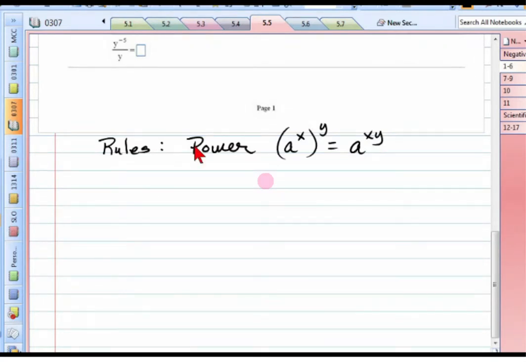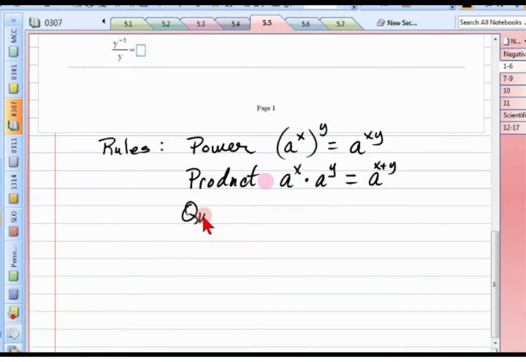The next rule is the product rule. The product rule says if you have a to the x times a to the y, product of like bases, you do what with the exponents? Add them, x plus y. The quotient rule is next, and it says if you have a to the x over a to the y, what do you do with the exponents?